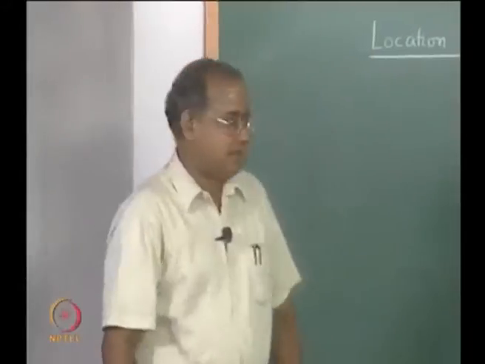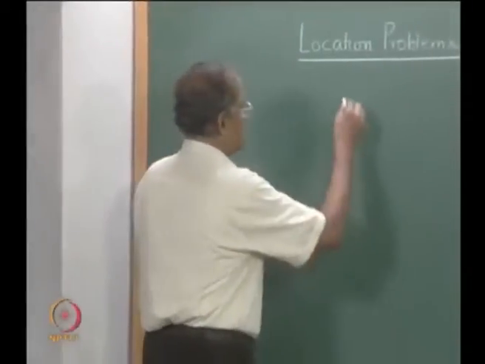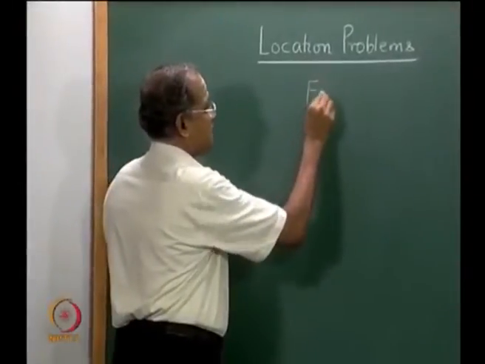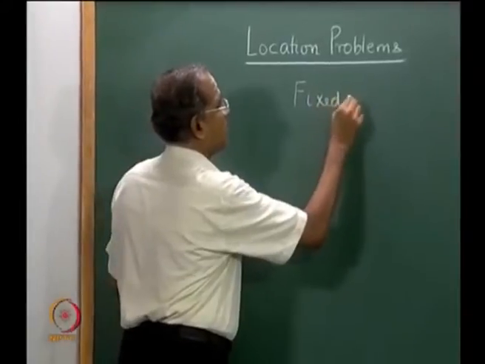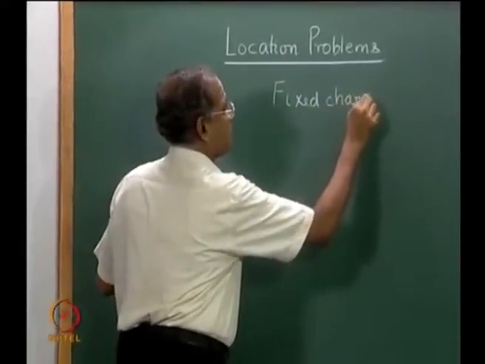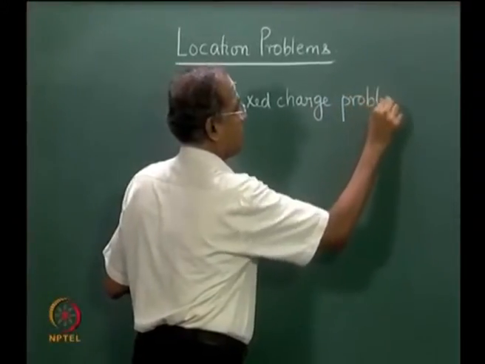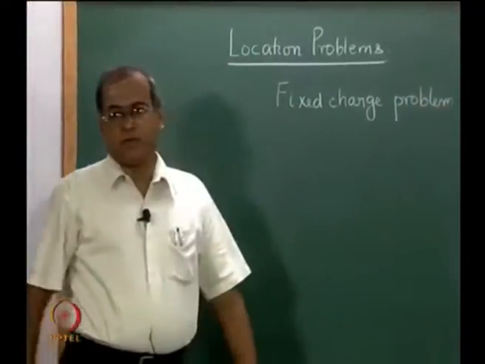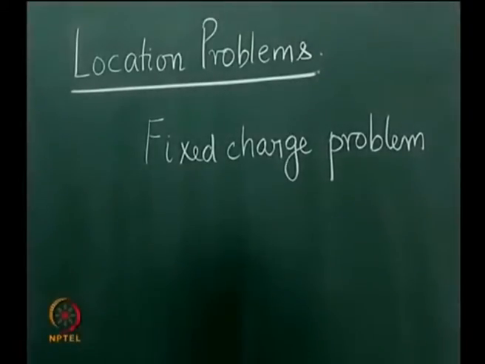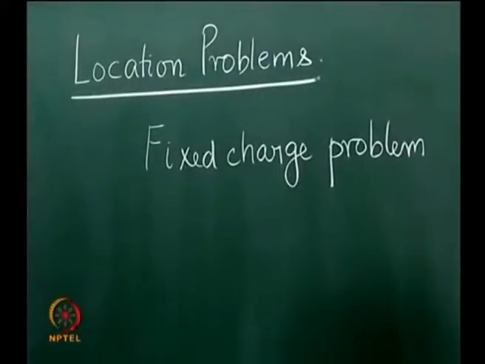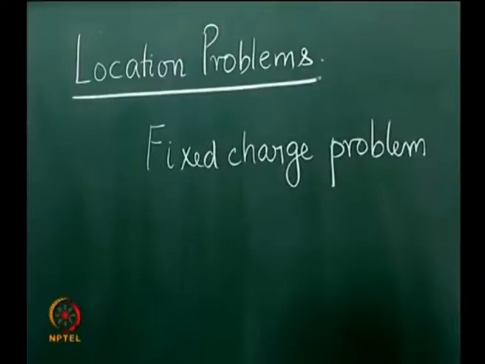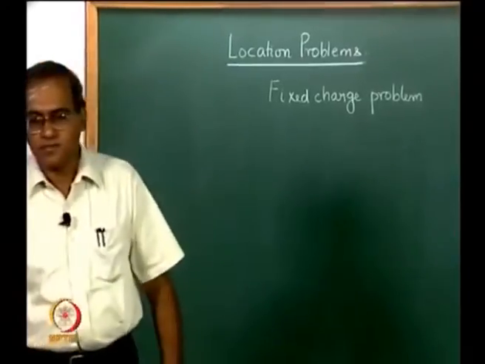In the previous lecture we saw the formulations for the fixed charge problem, where we looked at locating certain facilities and allocating the capacity of those facilities to meet the requirement at some demand points.